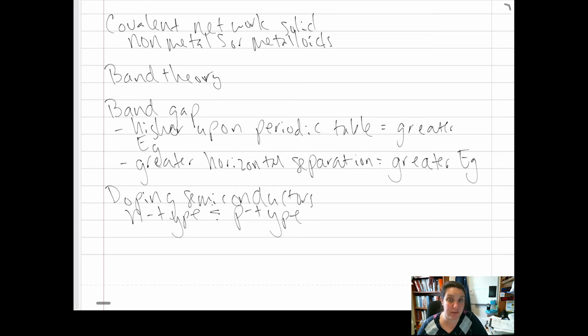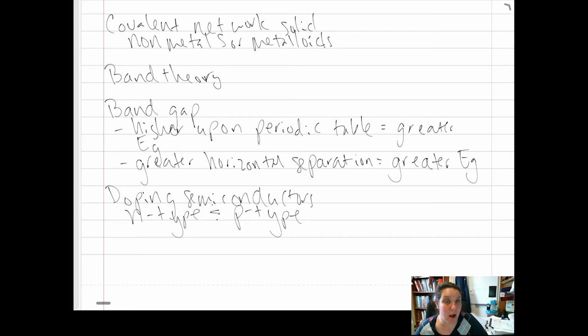So you can add phosphorus into silicon to produce an N-type, or gallium into silicon to produce a P-type. Or if you have a binary semiconductor, so if you have a group 2B-6A semiconductor such as zinc telluride, or a group 3A-5A semiconductor such as indium phosphide, you can determine if you're going to make N or P types in those as well, just thinking about how valence electrons, if you're adding in something with more or less valence electrons, determine what type of semiconductor you're going to form.